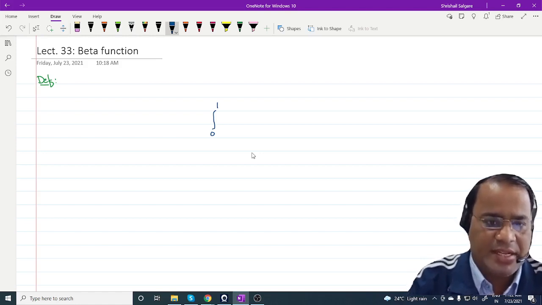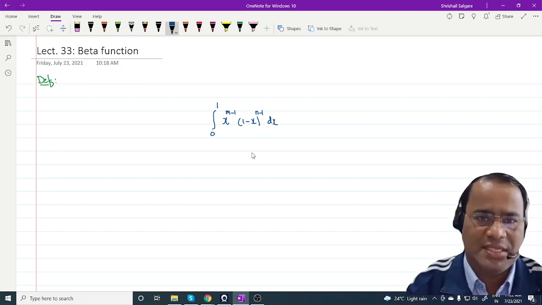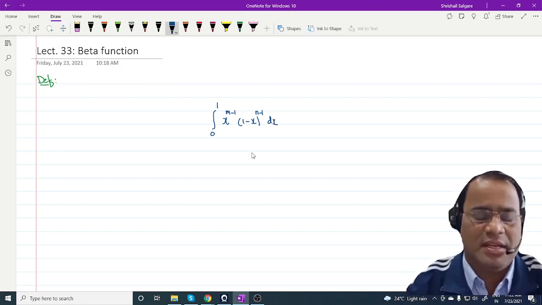And the integrand is defined by x raised to m minus 1 into 1 minus x raised to n minus 1 dx. When you evaluate this integral, once again this integral defines a function of some variable.